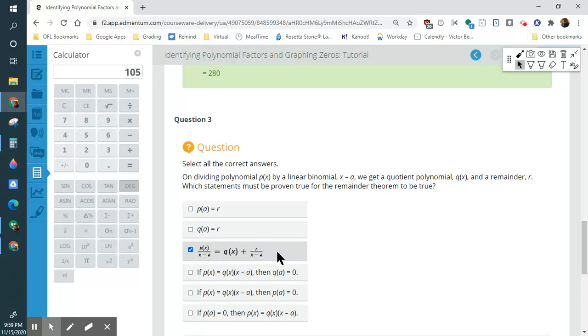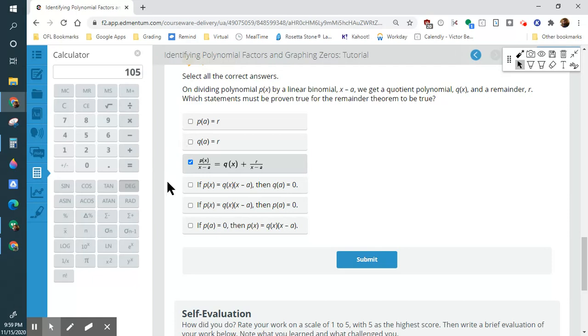So this is the only answer we can get. Let me see these other ones. Oh, another way of saying it is if we plug in a positive A, we're going to get an R. So that doesn't involve a quotient.